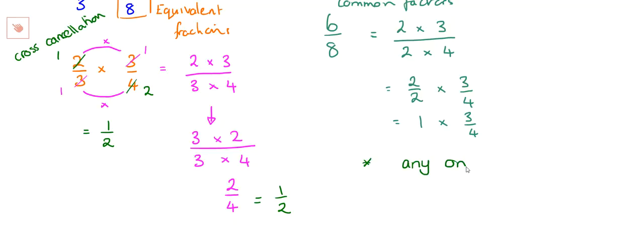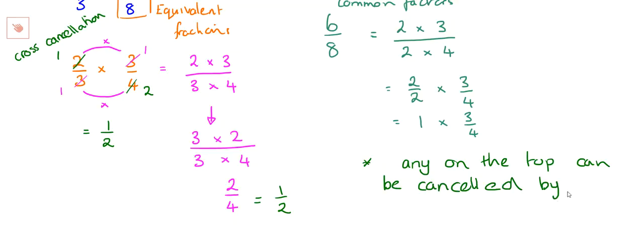So anything on the top can be cancelled by anything on the bottom. Now I could use proper mathematical terms here and say any numerator can be cancelled by any denominator. That would be a better way of saying it.